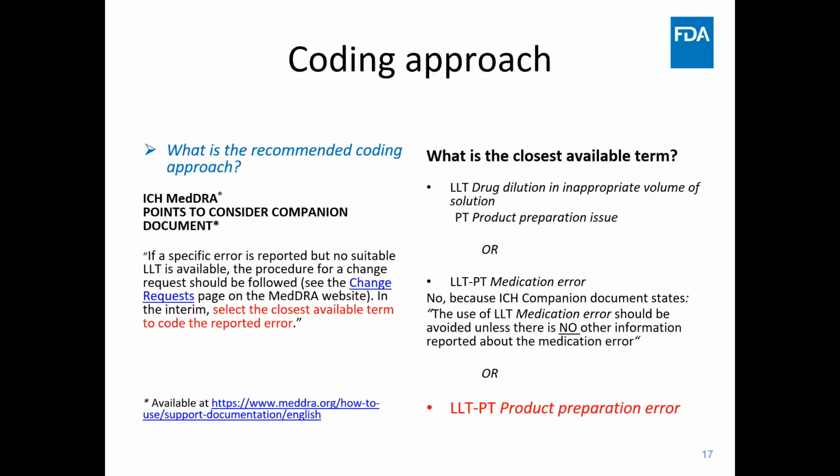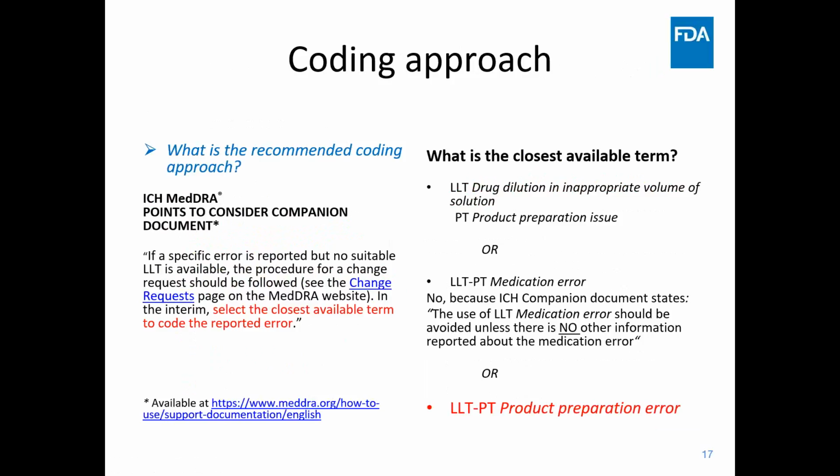It is important on our review side that we can easily distinguish a case reporting an error from a case that is not reporting an error. So the error cases have priority in review. The error terms are in the narrow scope of the standardized MedDRA query of medication errors. The issue terms that relate are in the broad scope.